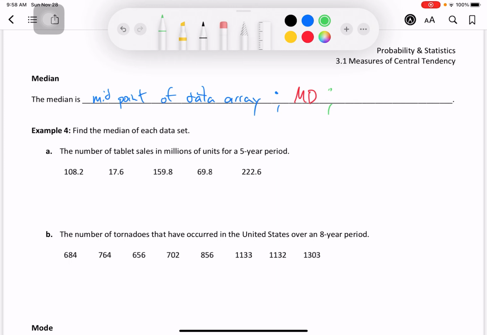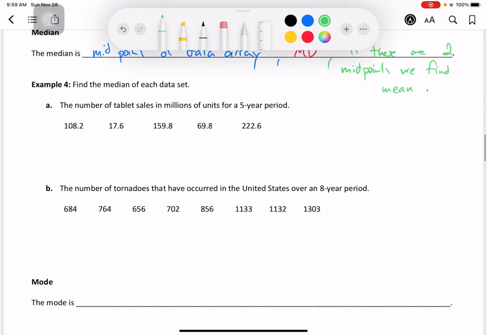Okay, if there are two midpoints, we will find their average. All right, so the first step is to put it into an array, least to greatest, left to right.